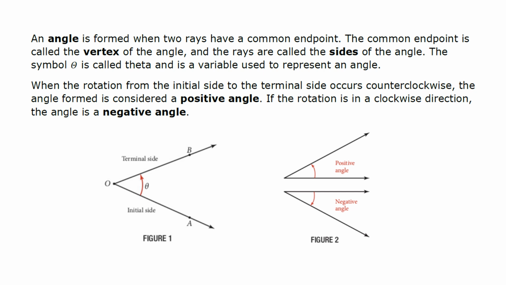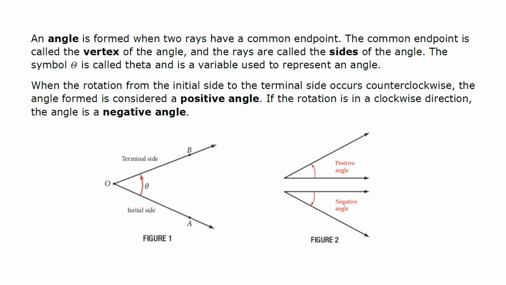So this angle theta is being formed by the rotation of this ray OA, which is the initial side, to the terminal side OB. That movement of the ray to that location then creates the angle theta.